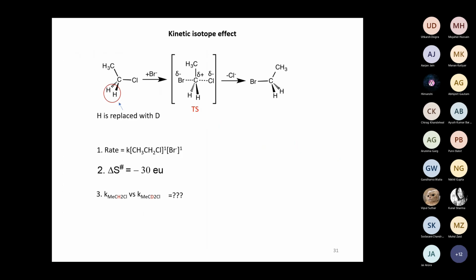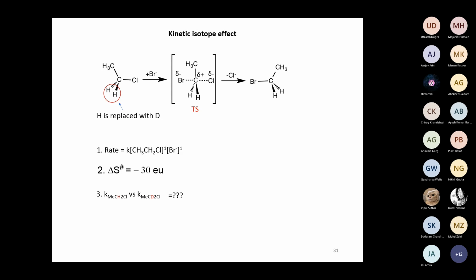Okay, so let's talk about the isotope effect. The isotope effect will take, I think, two classes, today and tomorrow, because it is a little long, and you need to understand what the origin of the isotope effect is. There are a lot of equations, but I'm not going to do any equations.